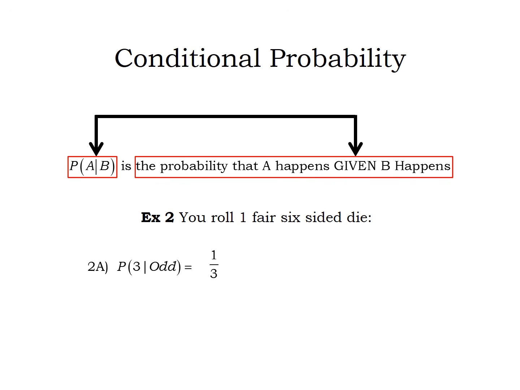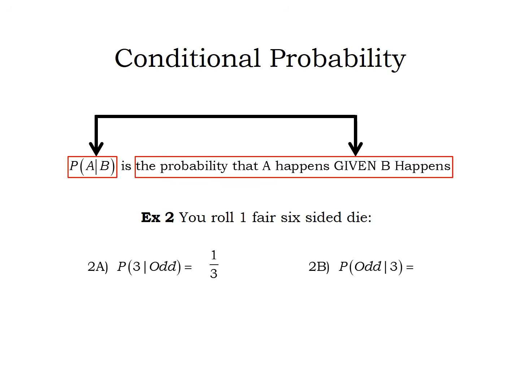Because we have the added information. We don't know what the outcome is, but we do know it's odd, or at least we're only interested in the chances of getting the 3 when we get an odd number. Now, in example B, I'm going to reverse the order. Now I'm interested in the probability that it's an odd number given the fact that it is 3.